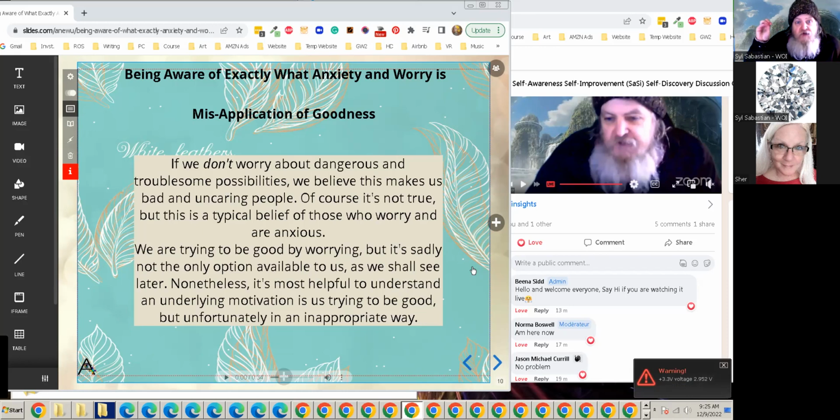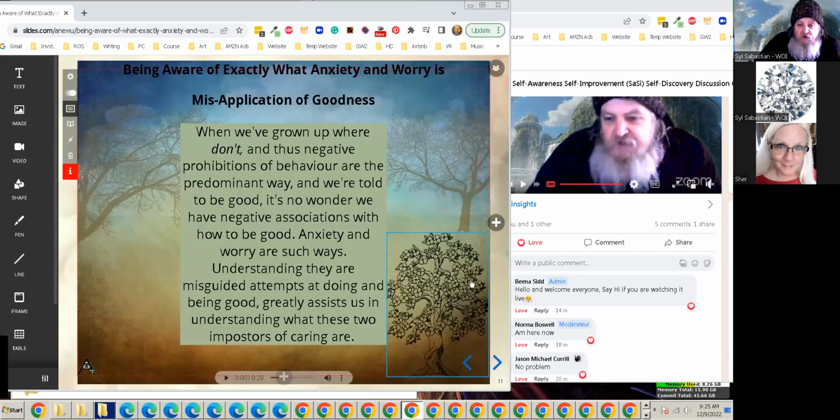We need to find other ways of being good rather than thinking we're being good by worrying and being anxious, right? At least about things that are dangerous and troublesome possibilities, just in general, right? I mean, there's a lot of stuff you can find to worry about if you really want to, right? And worry pots, as I call them, find all sorts of stuff to worry about that they don't need to worry about.